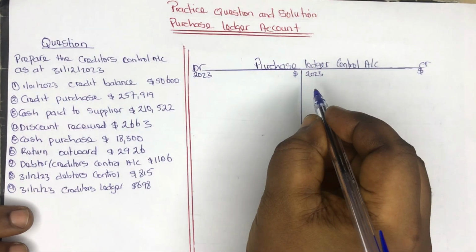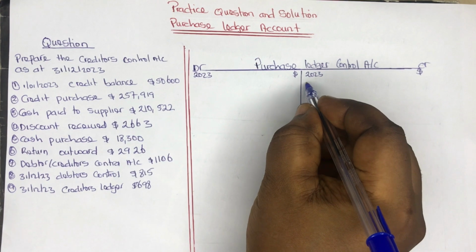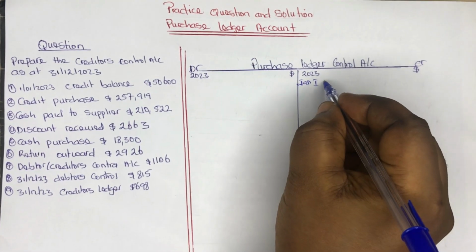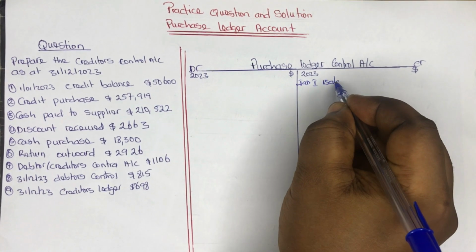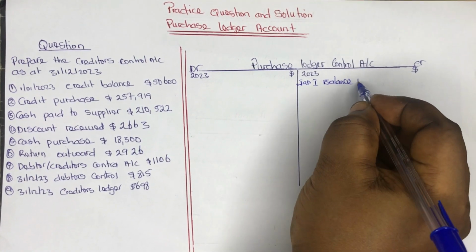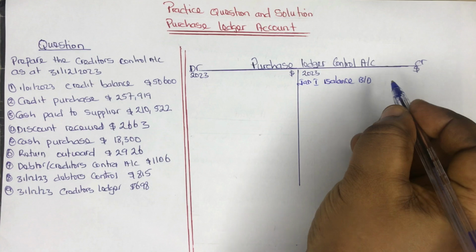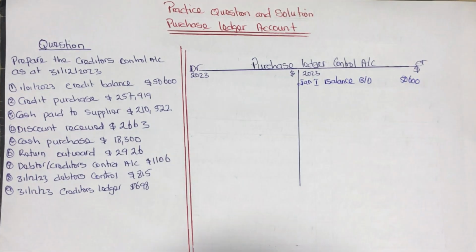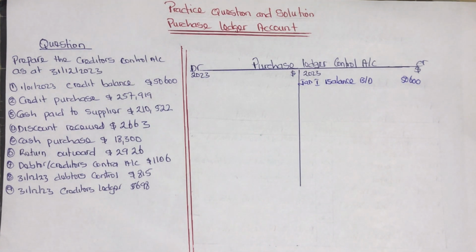So January 1st, balance brought down $50,600.